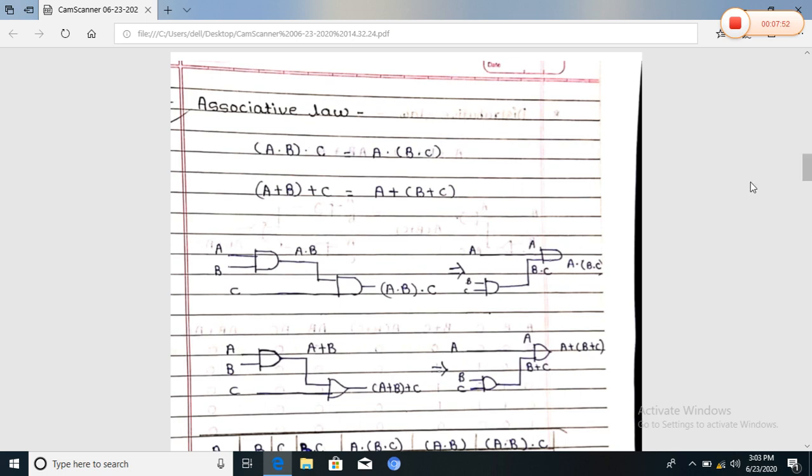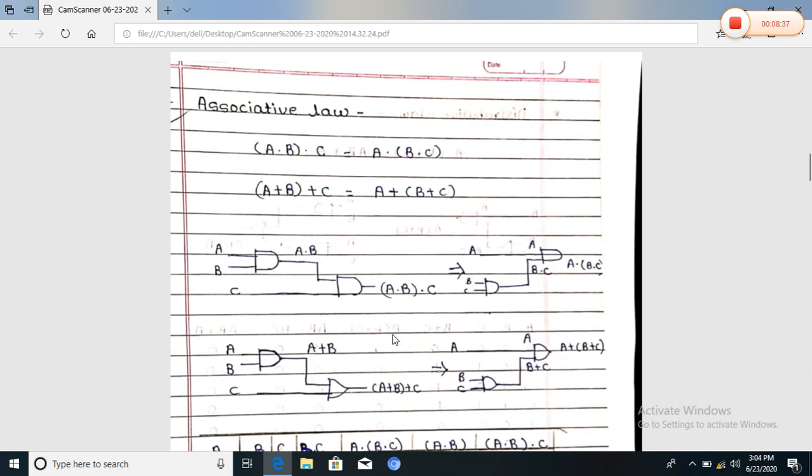A into B in brackets is represented by the AND law, so we use the AND gate for A into B, then dot C, which is a multiplication by C. So the A into B term we multiply by the term C. The first AND gate output is A into B, so we connect another AND gate, and the other input given to this AND gate is C. So the output of the second AND gate is A into B into C.